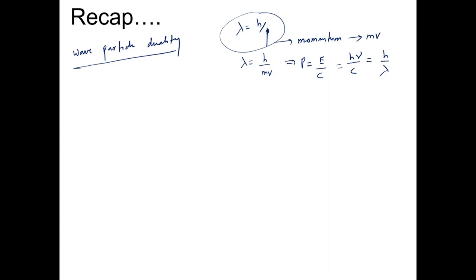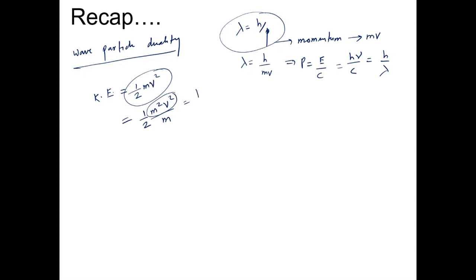I told you earlier that the kinetic energy is nothing but half mv square. Now if I try to rearrange this, I can write it as half m square v square divided by m. Now you see this m v square is momentum square.